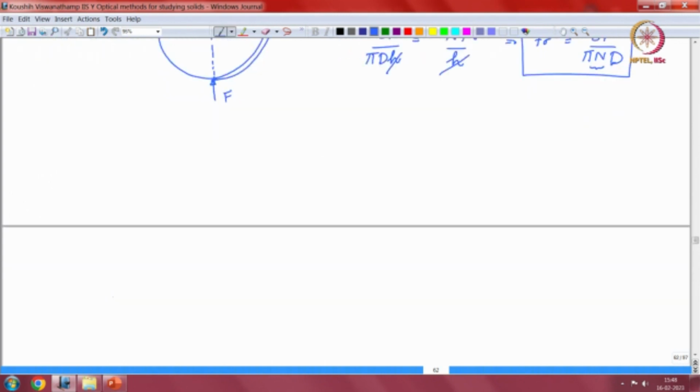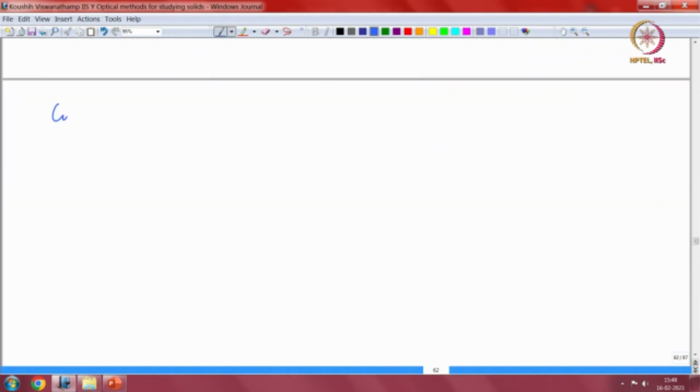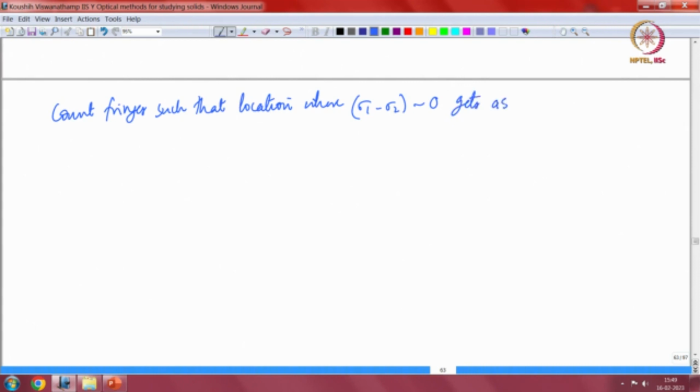To do fringe counting, you start from a location where sigma 1 minus sigma 2 is very small. You need to know this a priori. And this gets assigned n equal to 0, or n equal to 1 depending on where it is.